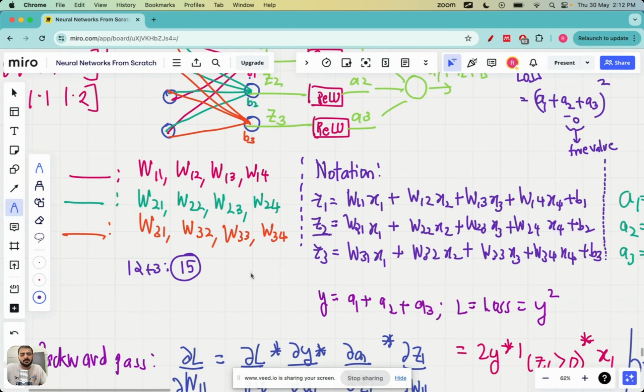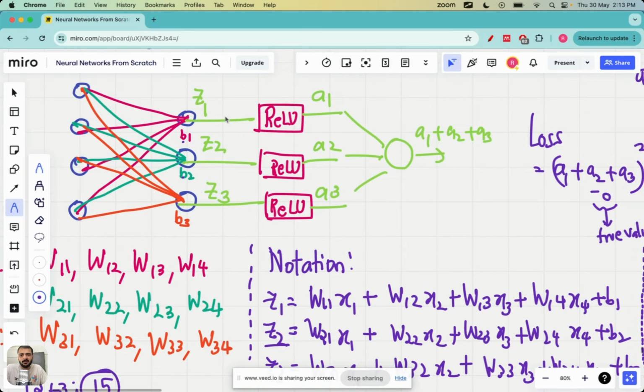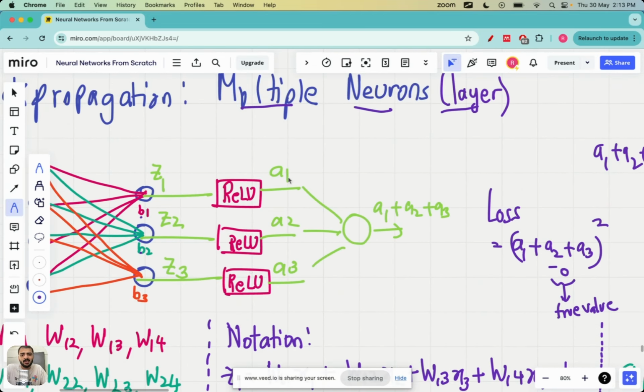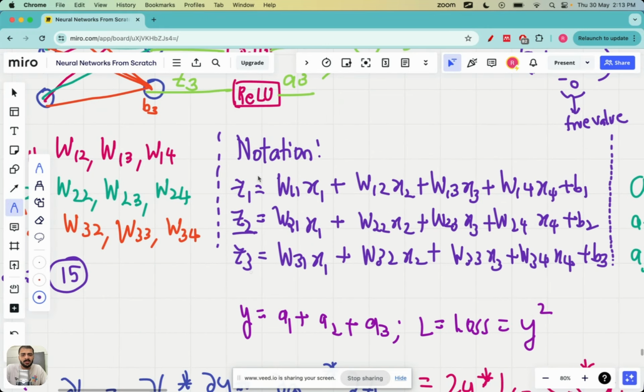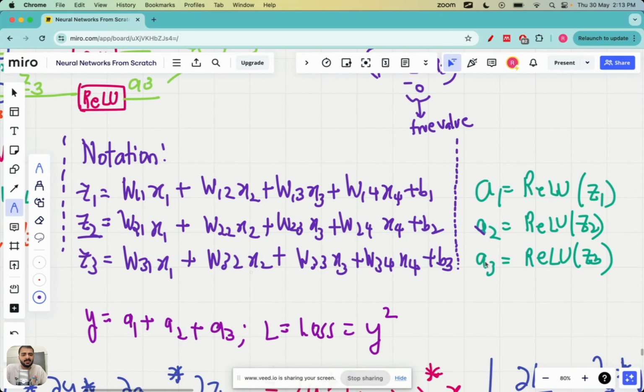So just a simple notation to start with. Whenever you are learning backpropagation, it's very important to use a clear notation of symbols. So I'm going to use Z1 as the output of the first neuron before going to its activation, A1 as the output after the ReLU activation, similarly Z2 and A2 and Z3 and A3.